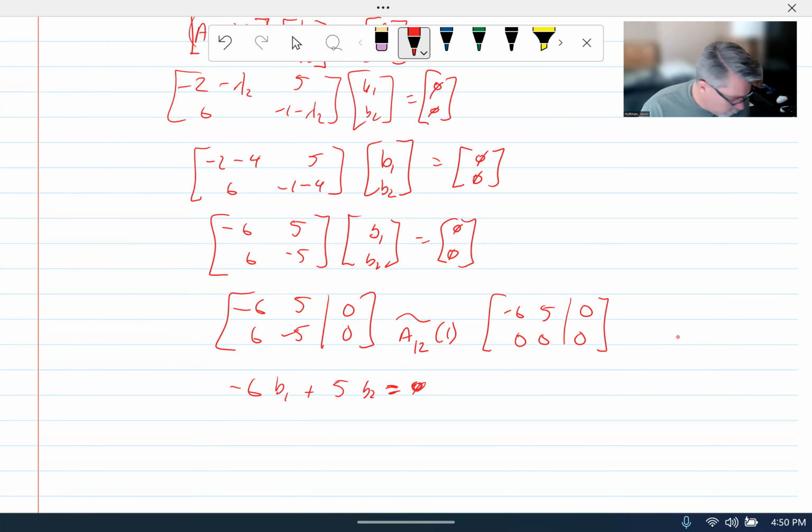So now let's solve for B1 in terms of B2. If I toss this guy over here, I get 5 B2 is equal to 6 B1.